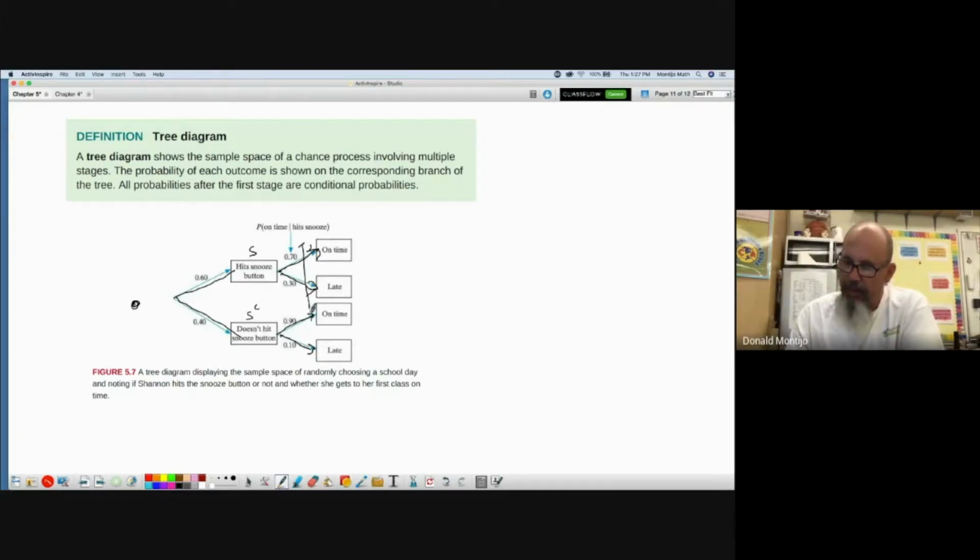These probabilities right here, this second group of probabilities, are conditional probabilities. This 70% is the probability you make it to school on time given you hit snooze. So the probability that you are on time given that you hit snooze equals 0.7. These are conditional probabilities. Okay.